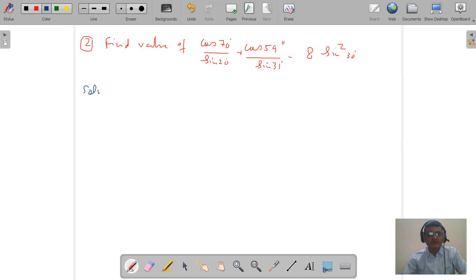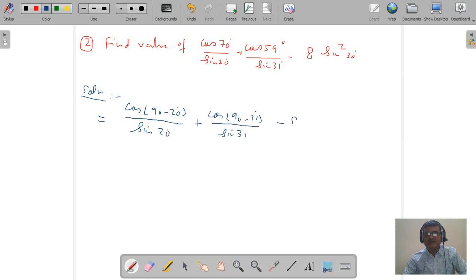We are going to solve this question, please watch properly. Here we are changing cos 70 to cos 90 minus 20 upon sin 20, plus cos 90 minus 31 upon sin 31, minus 8 times sin 30 whole square, and you know sin 30 is 1 by 2.